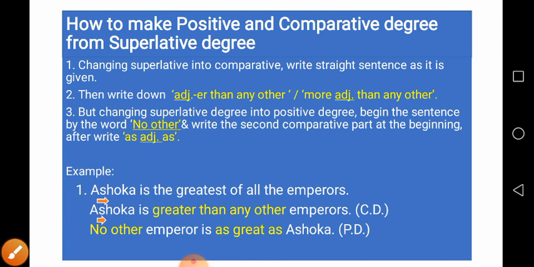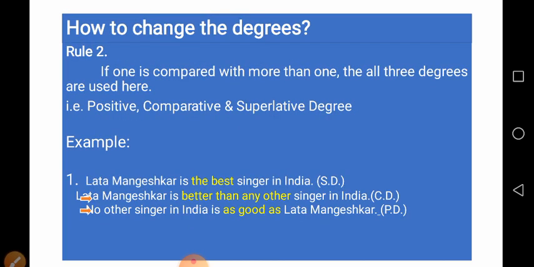So, we have left one more example here. Let me tell you. Here you can see the example: Lata Mangeshkar is the best singer in India. What is the best? By this word, the best, the adjective is written in its superlative degree form.